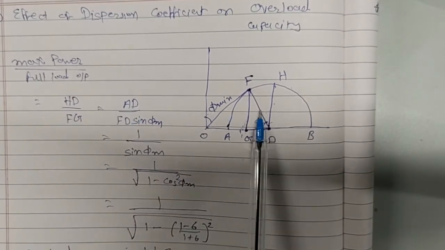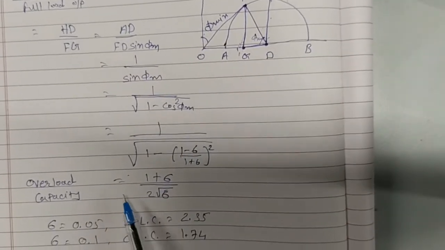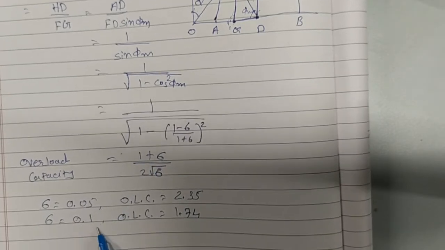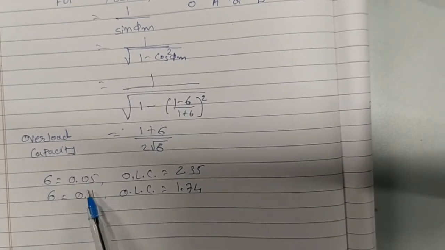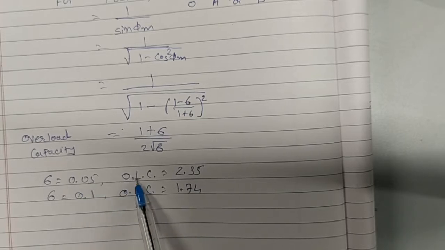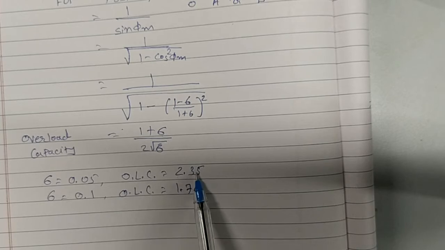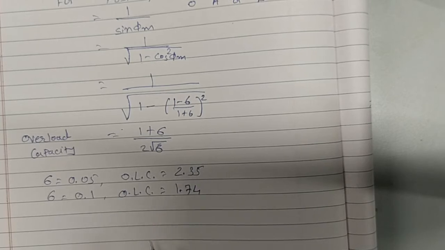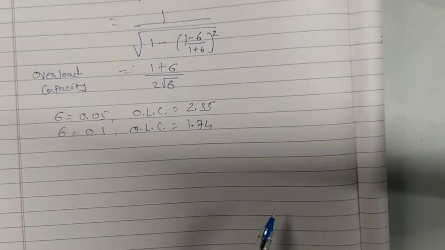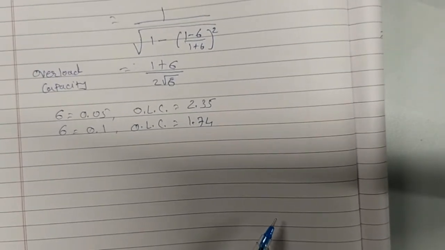We have seen the same thing from the circle diagram, and we have derived the relation between overload capacity and dispersion coefficient. In the same way, if we take two different values of dispersion coefficient, 0.05 and 0.1, we are getting an overload capacity of 2.35 and an overload capacity of 1.74. So let us continue with the same theory.